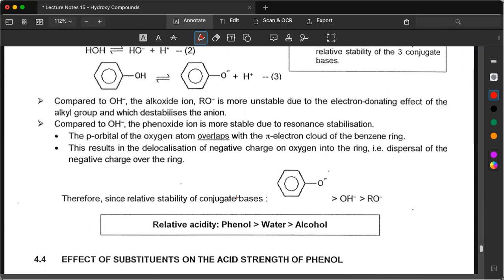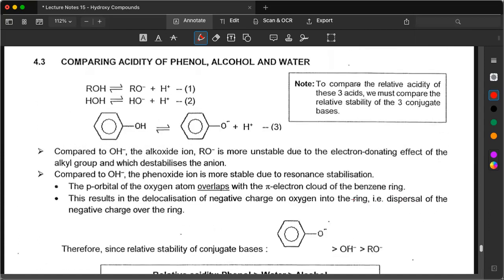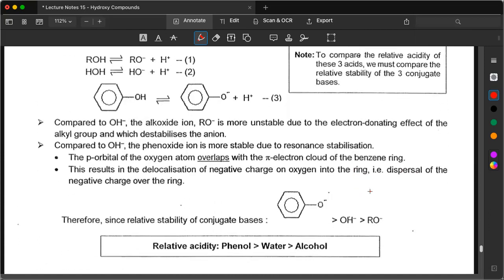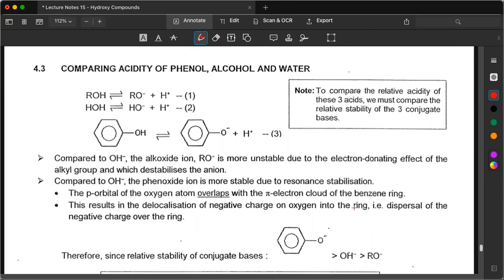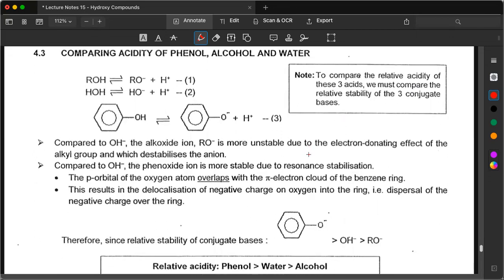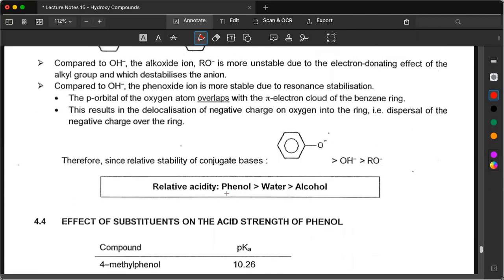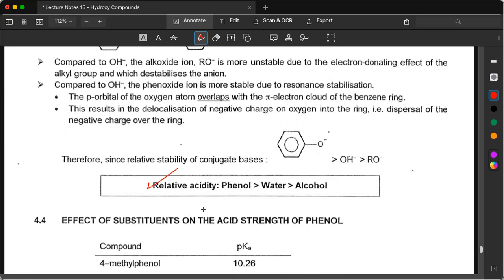So in other words, for the conjugate base, we have to conclude that the phenoxide ion has a higher stability compared to hydroxide. And of course, RO minus, the alkoxide, will be even worse in terms of stability. So this is the relative stability, relative acidity of the three substances.